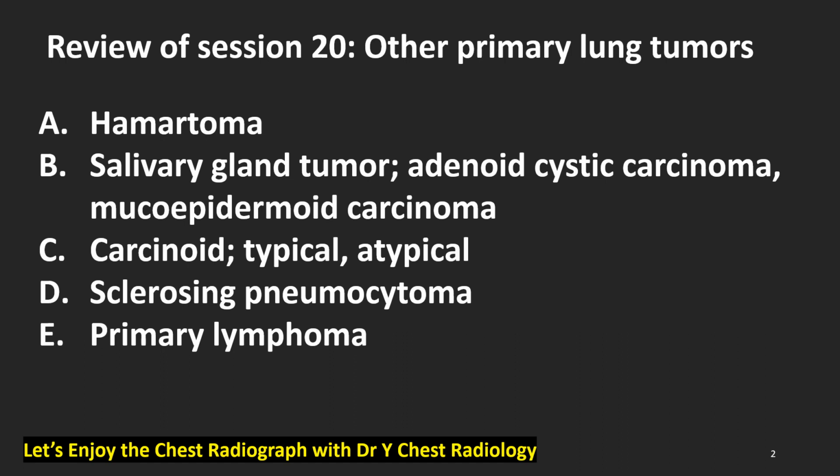Yes. Large airway tumor. Not so characteristic. Okay. C. Carcinoid. Typical is better for the patient than the atypical carcinoid. Yes, strong enhancement on the contrast-enhanced CT and no such uptake on the PET-CT. Yes, great. And sclerosing pneumocytoma and, very rare, the primary lymphoma. Other names are maltoma and baltoma. Great.